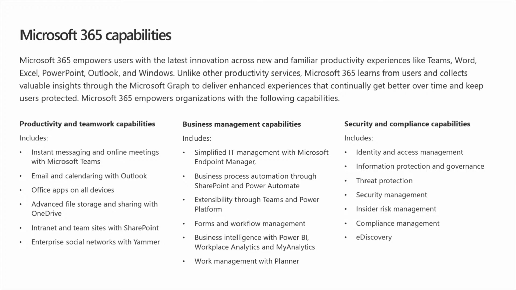And then we also need storage. We have two primary ways of storing content: OneDrive, which allows us to synchronize a local copy of files with the cloud and vice versa. We also have SharePoint. And we also have ways of chatting and instant messaging and working with a social network with Yammer and Teams.